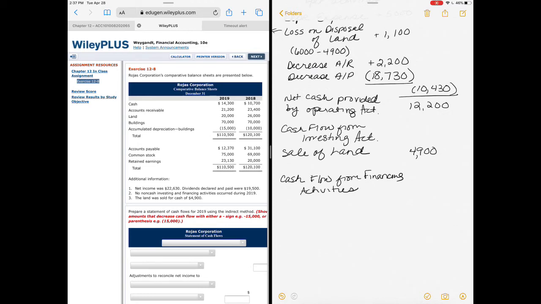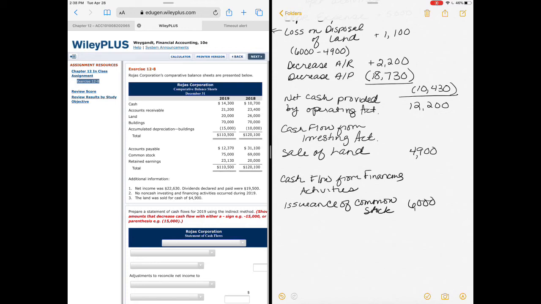I know common stock is one of them, and I can see my common stock increased by $6,000. So I will include that in my financing. And that's a 6,000 increase.